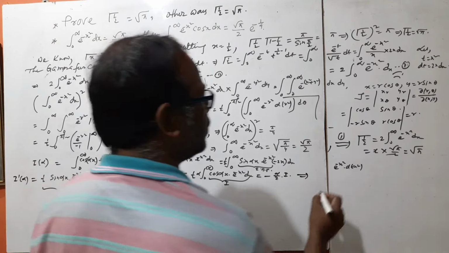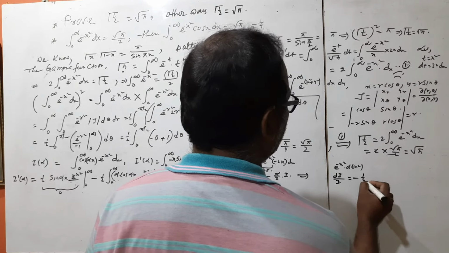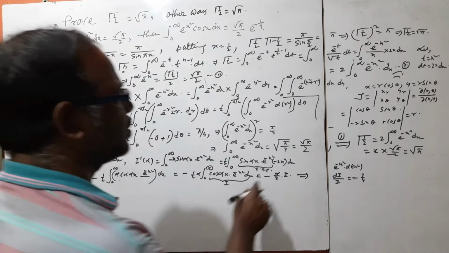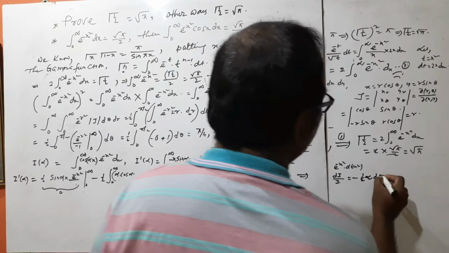So therefore dI over I is equal to minus 1 by 2 into alpha d alpha.